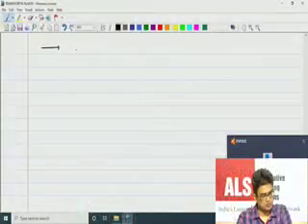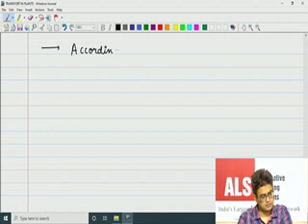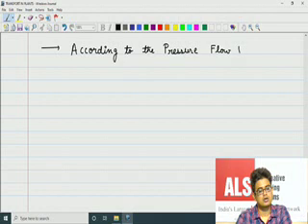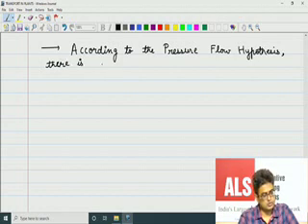According to the pressure flow hypothesis, there is a source and a sink.